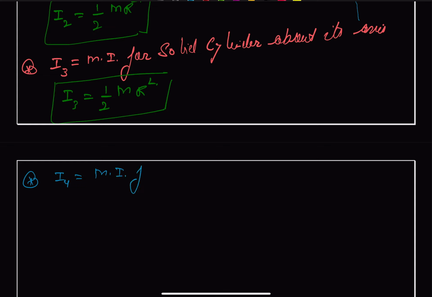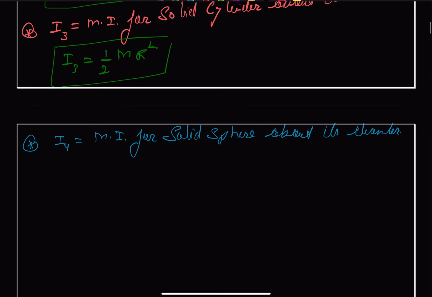Moment of inertia for solid sphere about its diameter. And from here we get our I4 will be equal to 2 by 5 mr square.